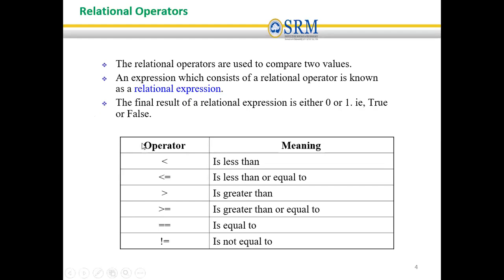Here we have listed some of the relational operators used in C language and their meanings. Less than, less than or equal to, greater than, greater than or equal to.